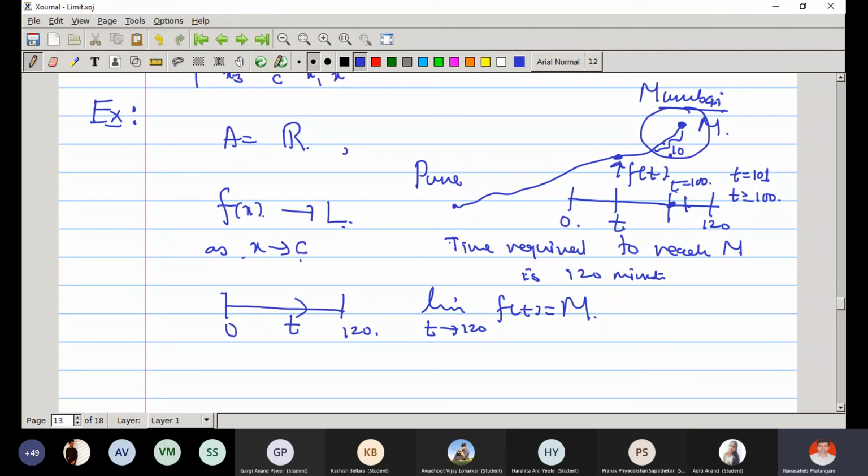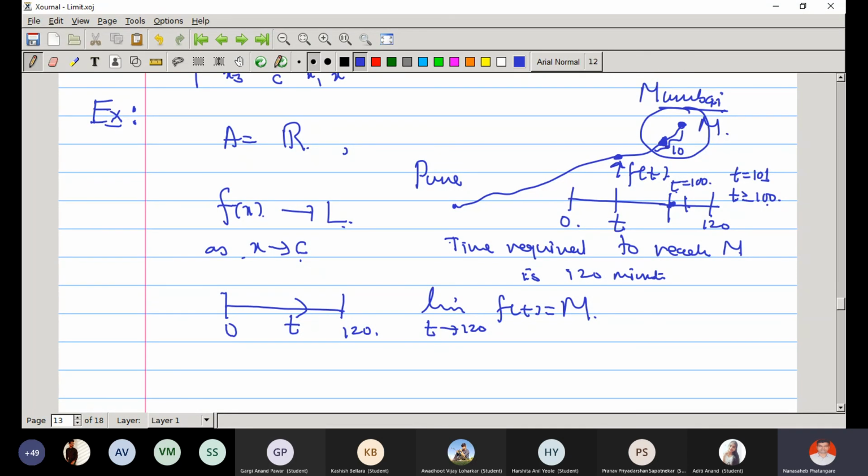But it may happen that you are at 10 kilometer distance at 100 minutes and you stop there. For every t greater than or equal to 100, you are inside the 10 kilometers range if you stop at that point.